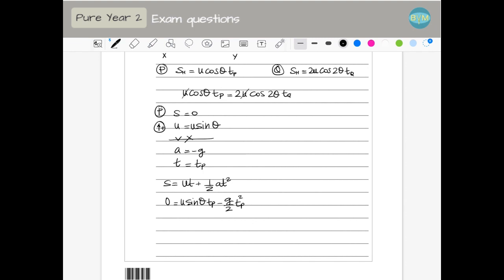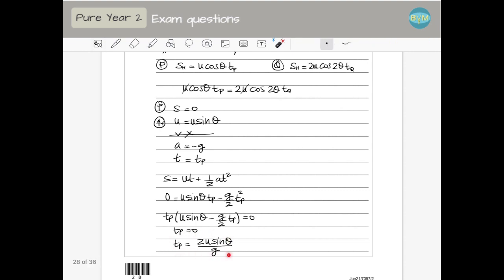If I factorize, give me a second so I can show you, I factorize TP and get TP times u sine theta minus g divided by 2 TP equals 0. So either TP is 0, or, when I make this bracket equal to 0, TP is 2u sine theta divided by g.